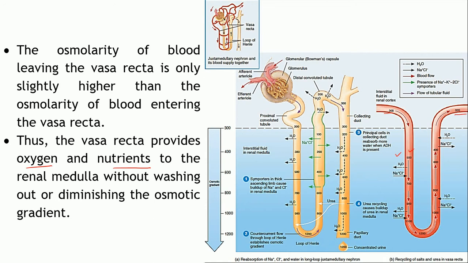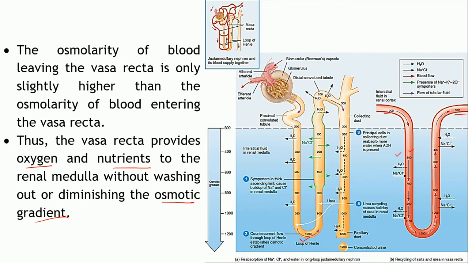But as it is moving out of the medulla, is it disrupting the osmotic gradient which was actually developed by this loop of Henle? Is it washing out or diminishing the osmotic gradient? The ions which were entering into the blood have left the blood before the blood leaves the medulla.